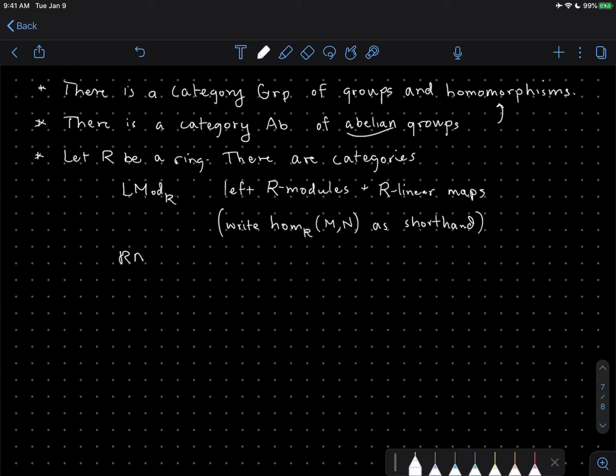Similarly, there is R mod sub R for right R modules and R linear maps.